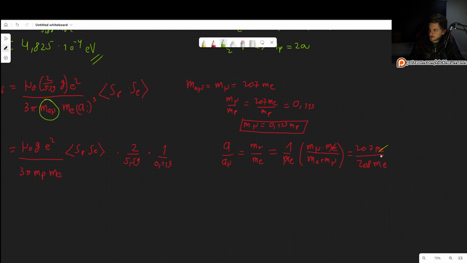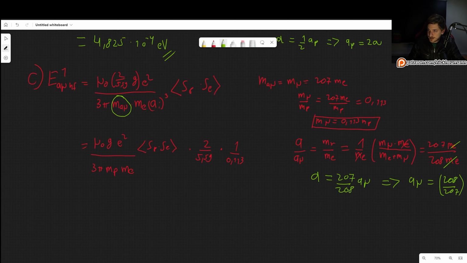So we get 207 divided by 208, or basically that a is equal to 207 divided by 208 times a_mu. And here we find that a of the anti-muon is 208 divided by 207 times a, of course. So by plugging this in, we get a cubed, and now, since this is in the denominator, we get not 208 divided by 207, but 207 divided by 208, cubed, of course.